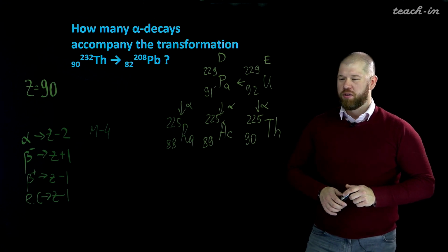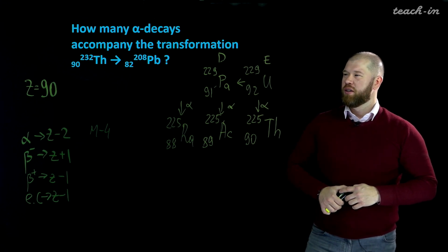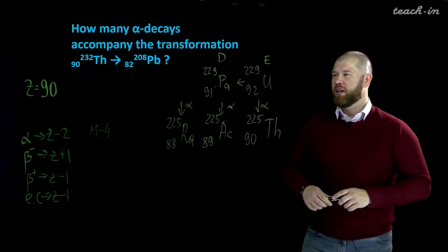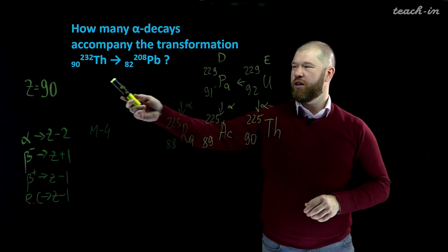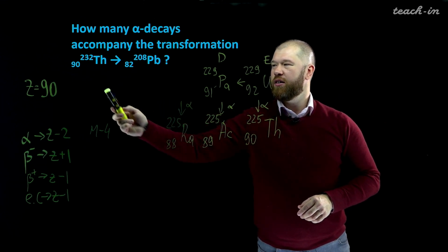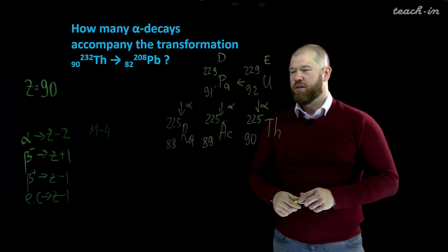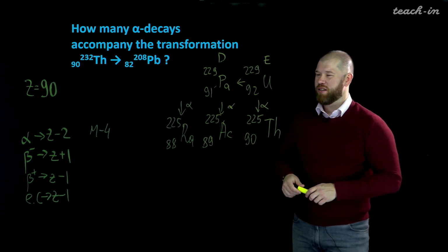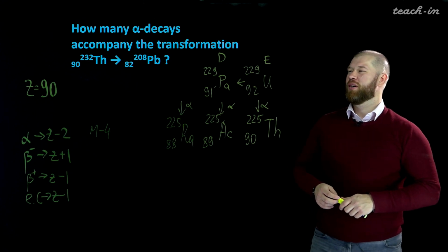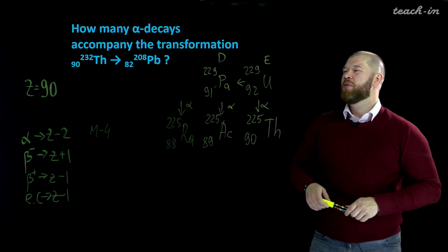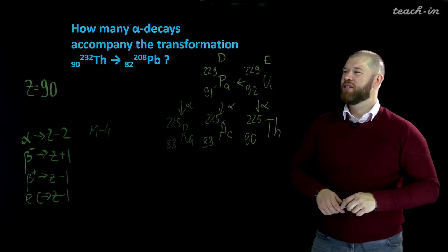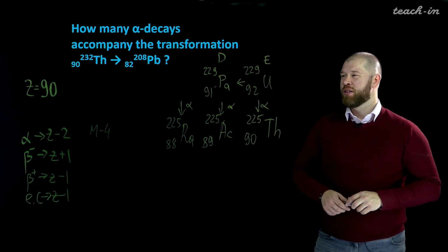In principle, many people start from the charges 90 and 82 because it looks much easier to calculate the difference in charge and to guess how many alpha decays there were.